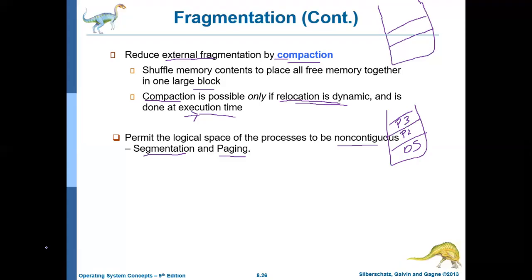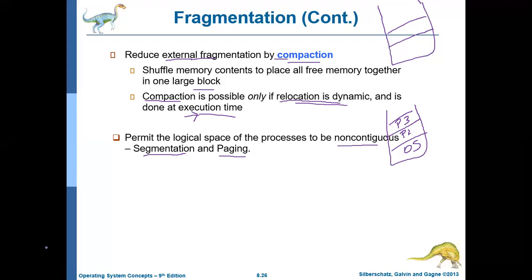This problem is called external fragmentation, and it is created because of variable size partitioning. External fragmentation can be reduced or avoided by using a technique called compaction.